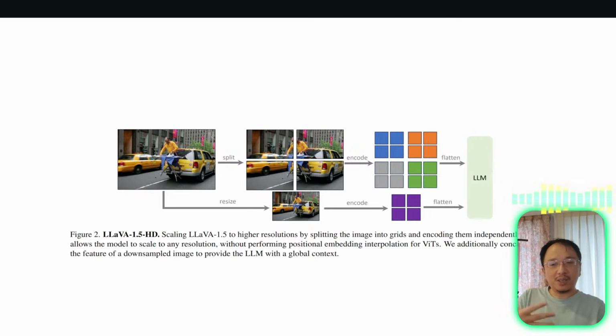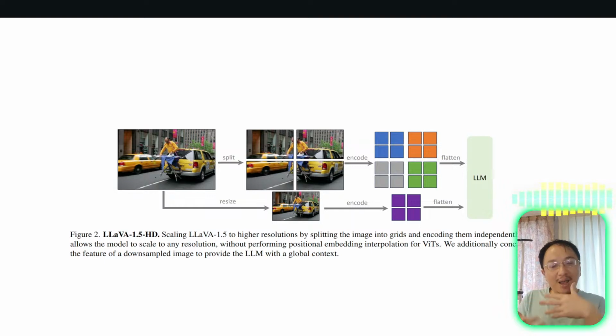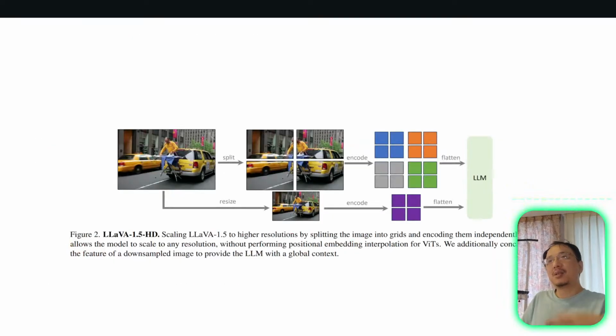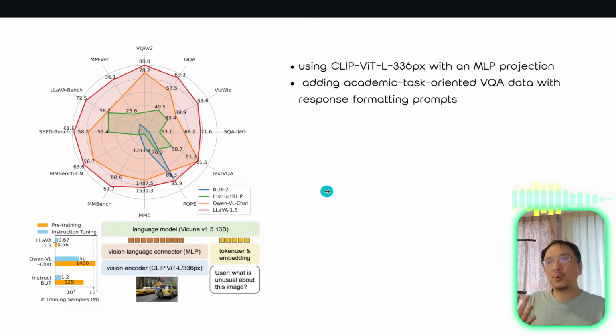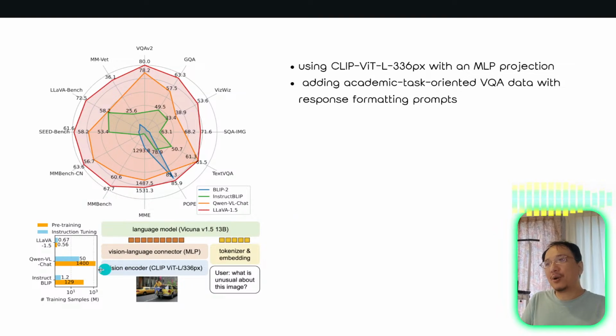So with these detail and similarly minor changes, it increases the ability of LLaVA a lot. You can see that it achieves much better results and is comparable to other SOTA models.